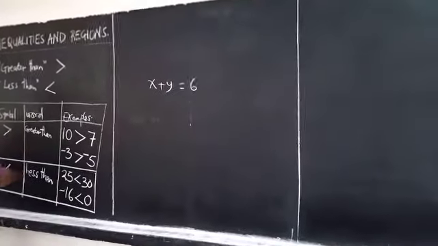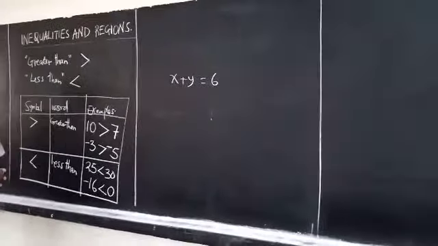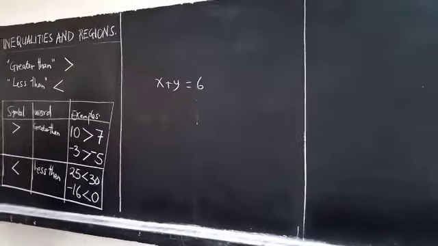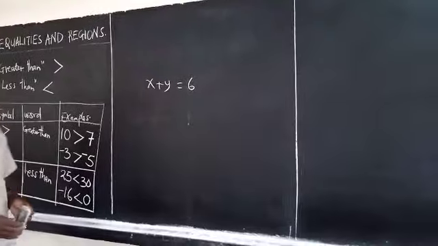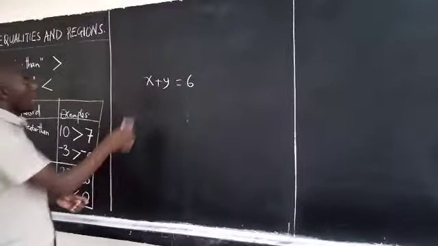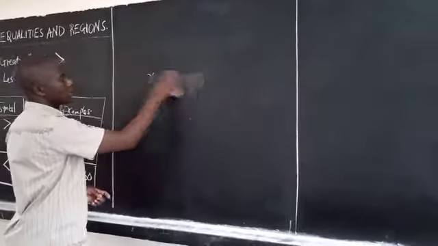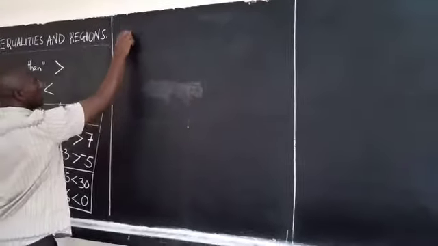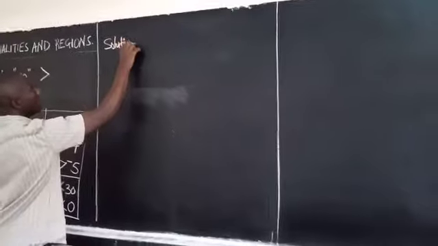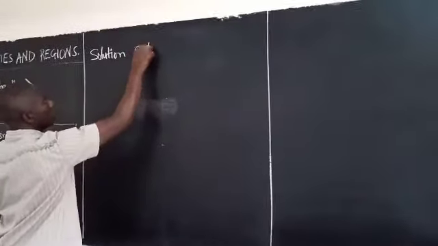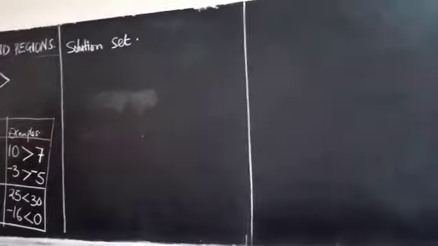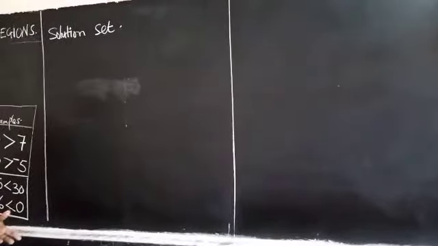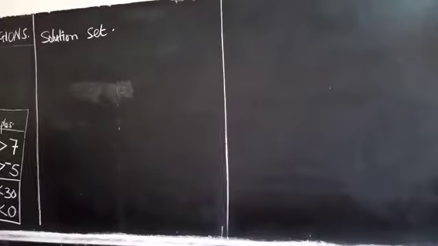And as long as you understand this one, then the next other important key term is what you call a solution set. So what is a solution set? I will explain this one by using an example.